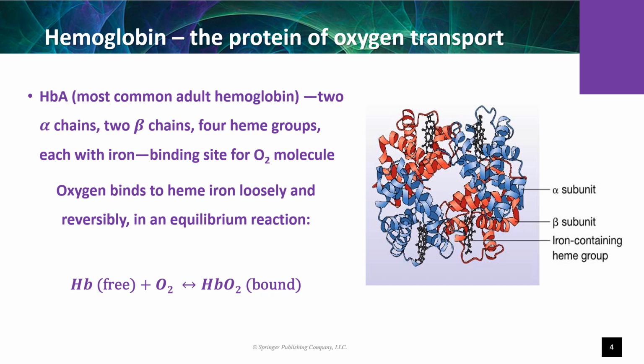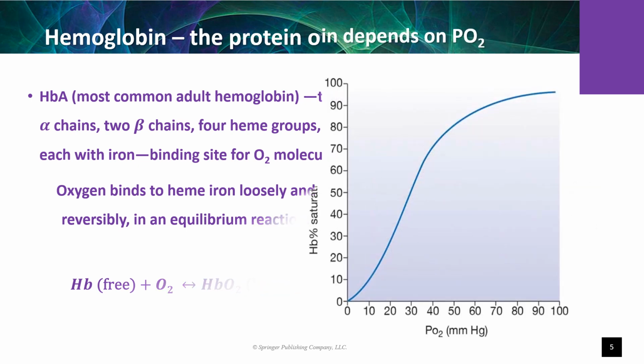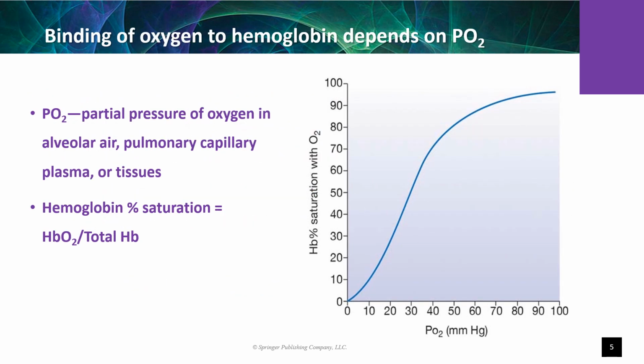Hemoglobin is the necessary protein for oxygen transport. It is a binding site for the oxygen molecule. When oxygen binds to hemoglobin, it depends on the partial pressure of oxygen in the system.